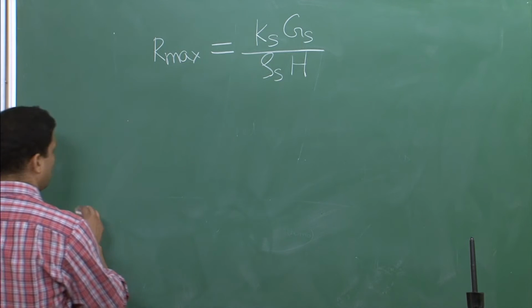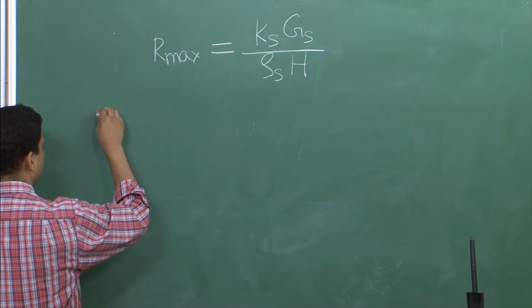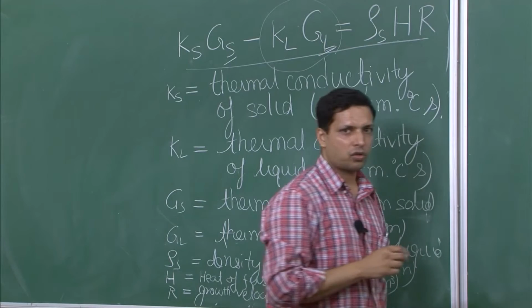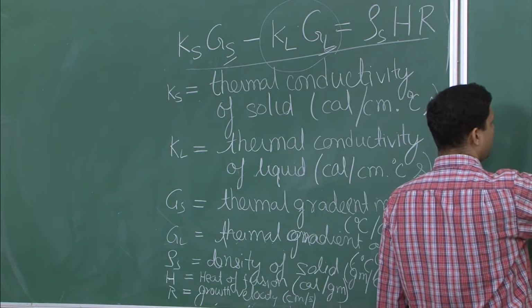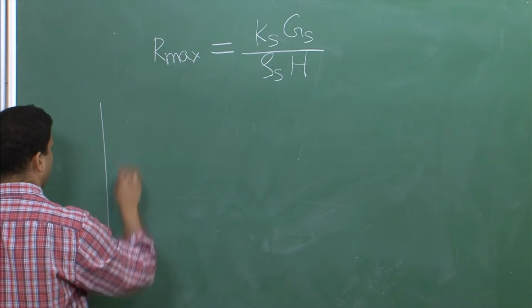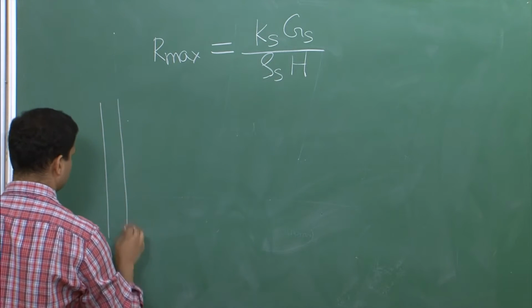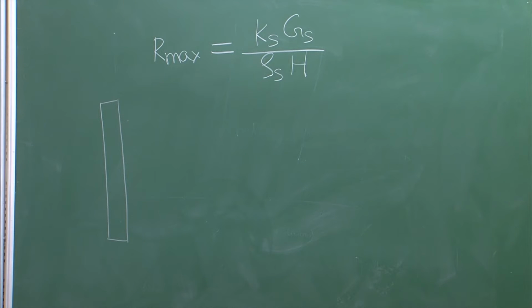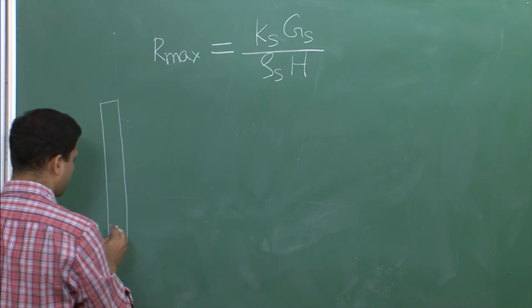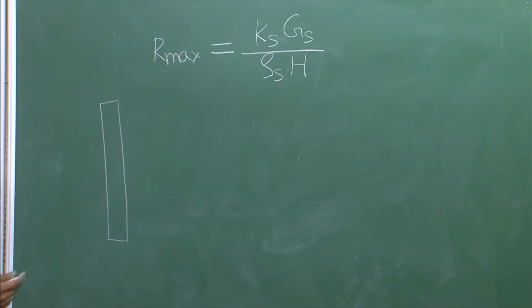Now, at this point let me invoke the growth mechanism that I was talking about, which is our floating zone technique. So, let us say this is a rod that we want to grow into a single crystal, or from which we want a single crystal.